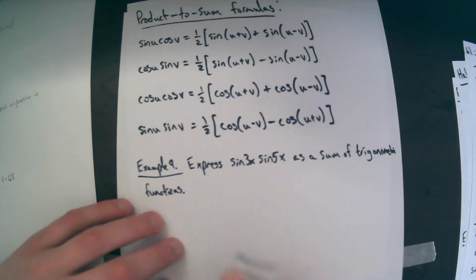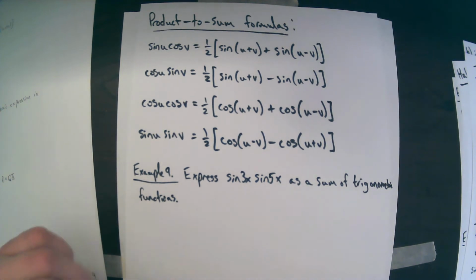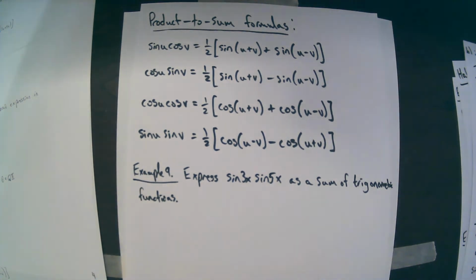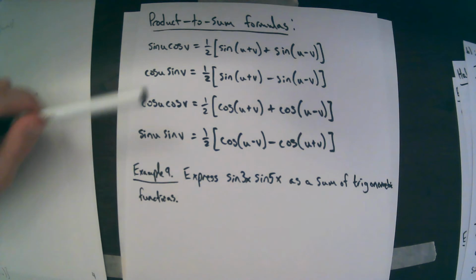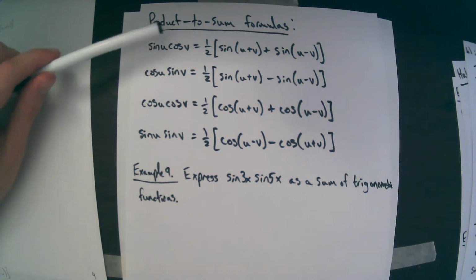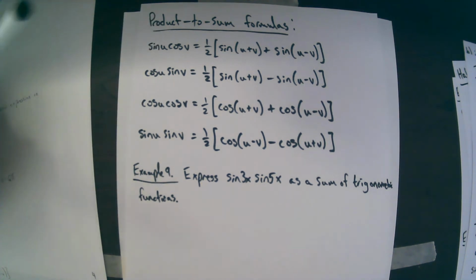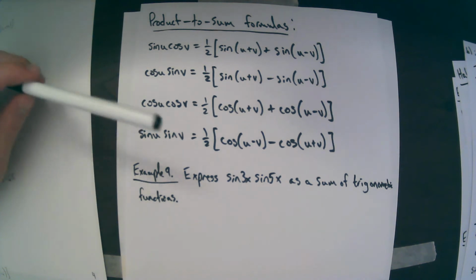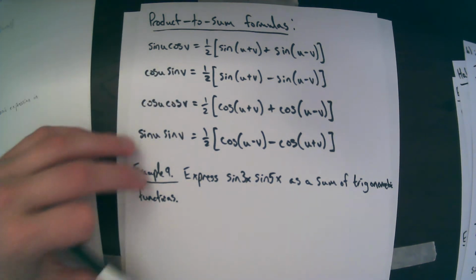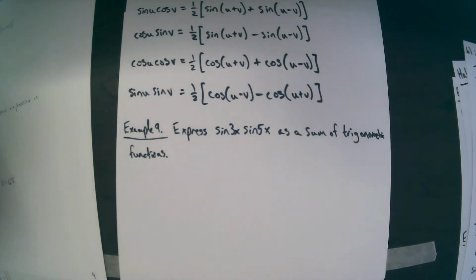If we had more time, if we weren't on a time limit, it would be worth taking a whole session and proving all of these different formulas we're learning. But we don't really have time for that.